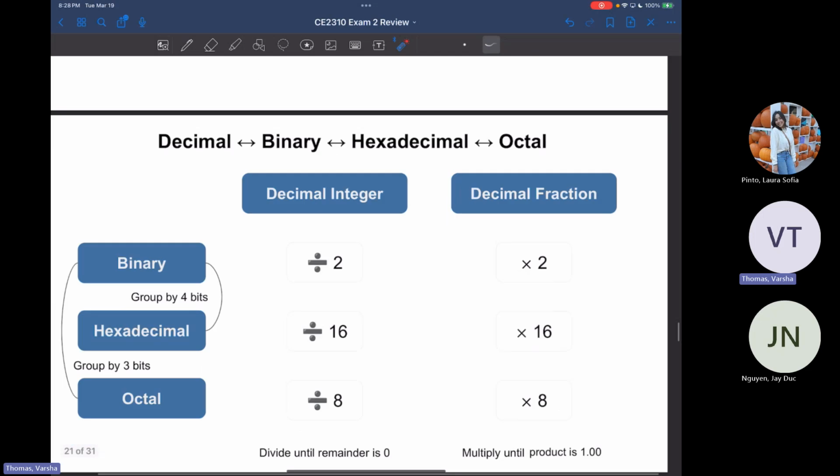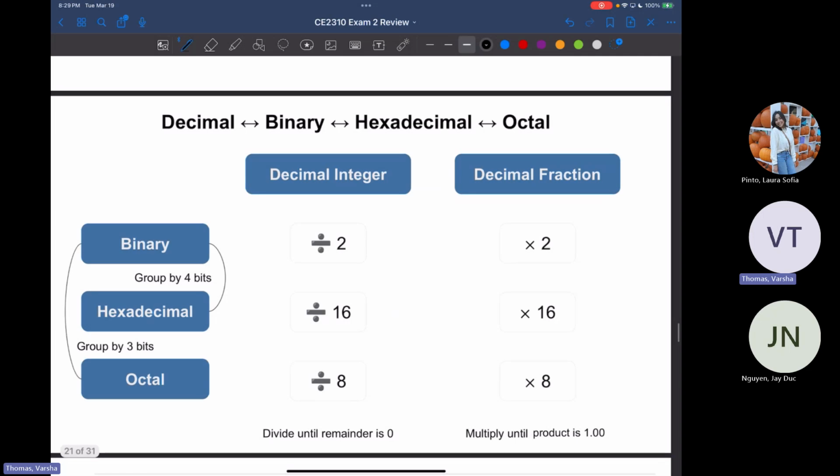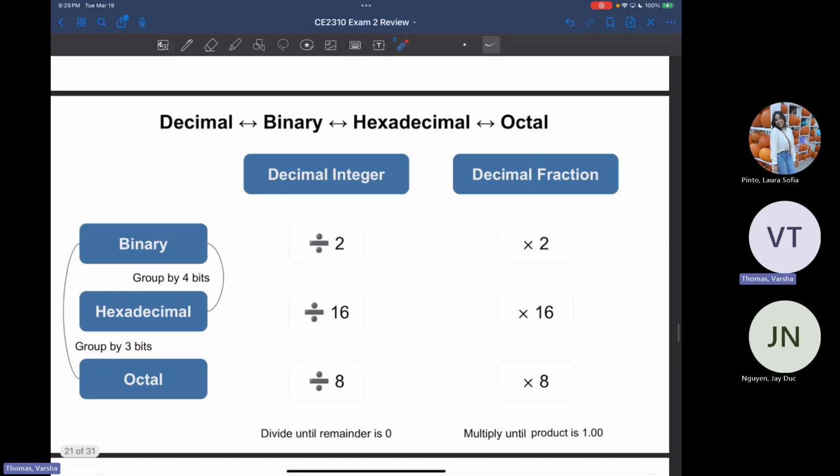Okay. I know you've all practiced a little bit of decimal to hexadecimal conversions, but this slide is just to remind you that when you are converting from binary to hex, you group numbers by 4 bits. If you're converting binary to octal, you would combine the bits by 3s.